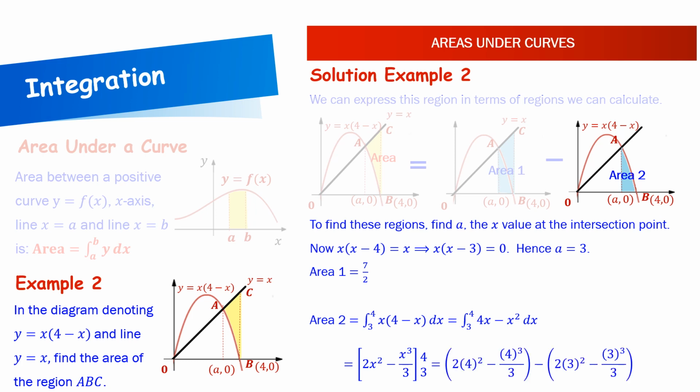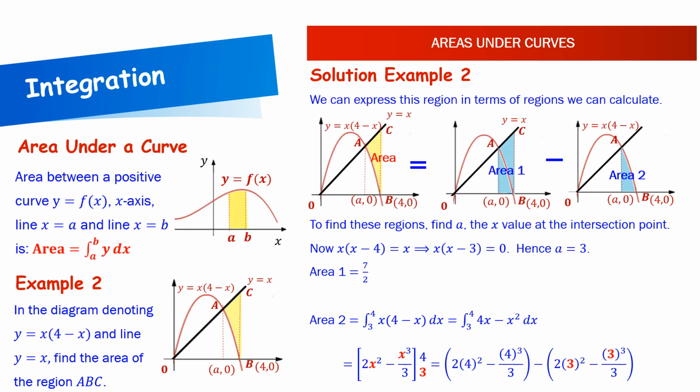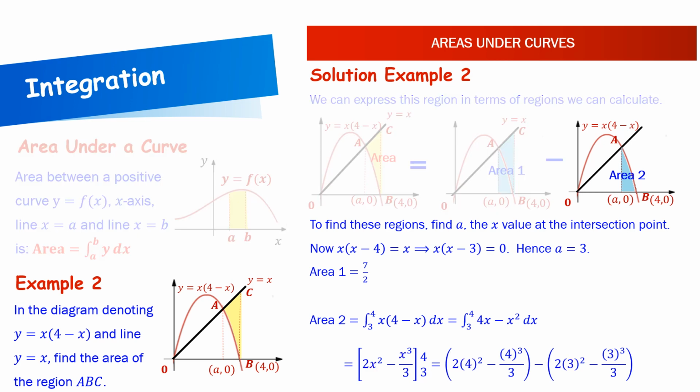Then we plug in the limits, x equals 4 here, and x equals 3 here. And tidy up the expression to give 5/3. So area 2 equals 5/3.